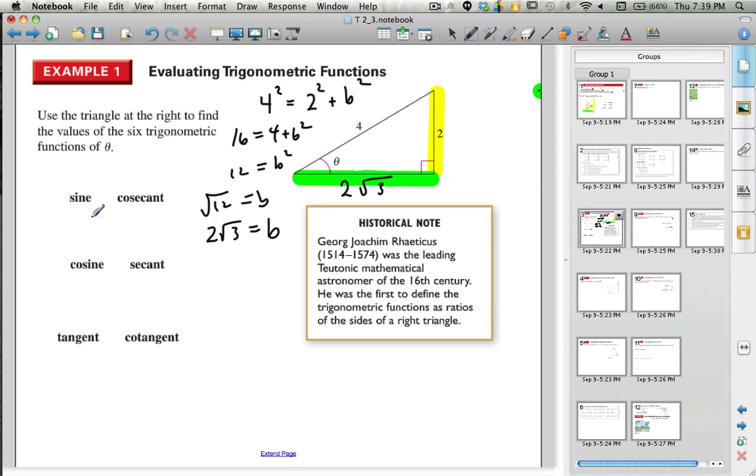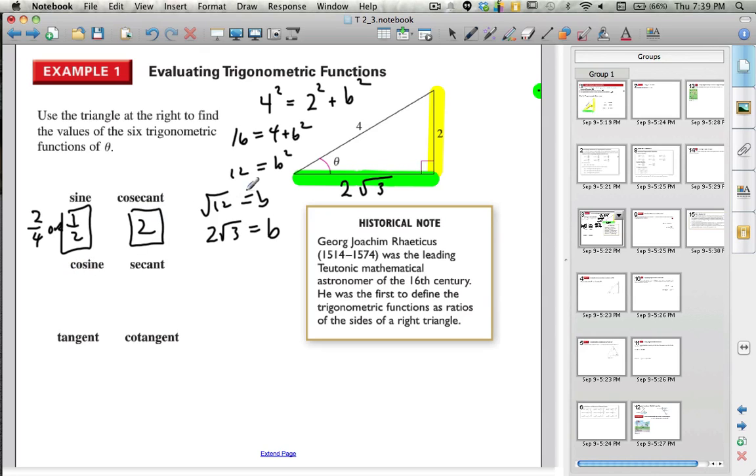Now, if I want to work with finding these, I've got sine, which is opposite over hypotenuse. That's 2 over 4, or 1/2. And cosecant would be the inverse of that, which would be 2. So I have 1/2, and I have 2.